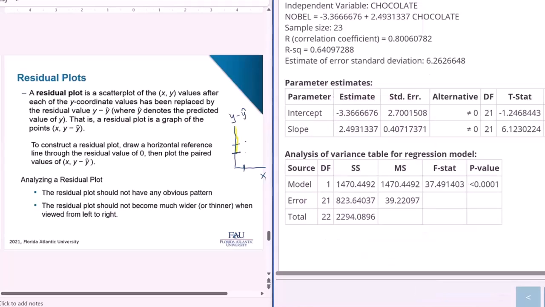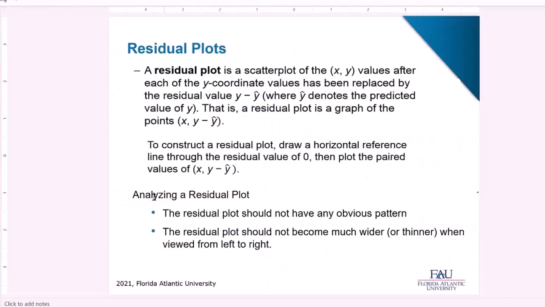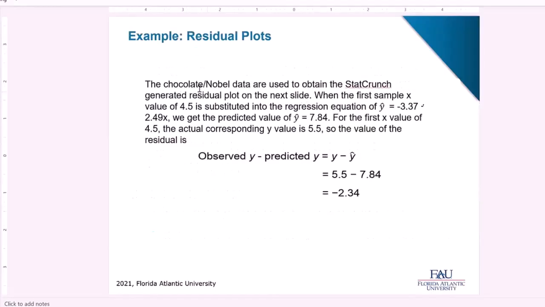Here's my residual graph. Analyzing a residual plot, the residual plot should not have any obvious pattern. The residual plot should not become wider or thinner when viewed from left to right. The chocolate Nobel data are used to obtain the StatCrunch generated residual plot on the next slide.